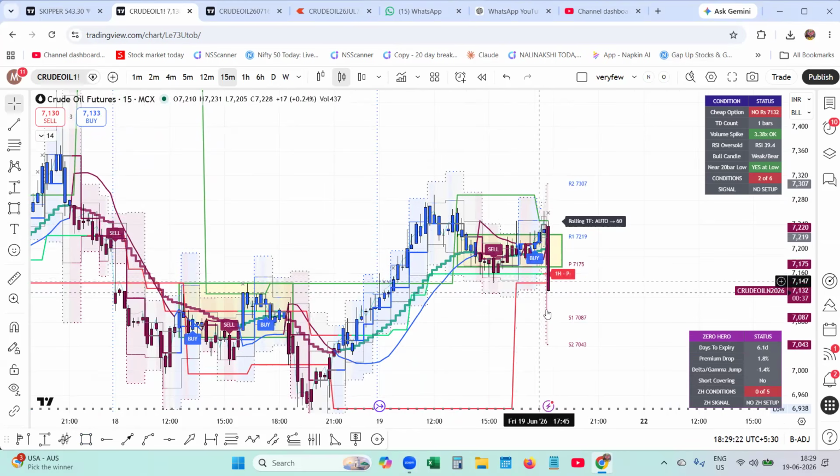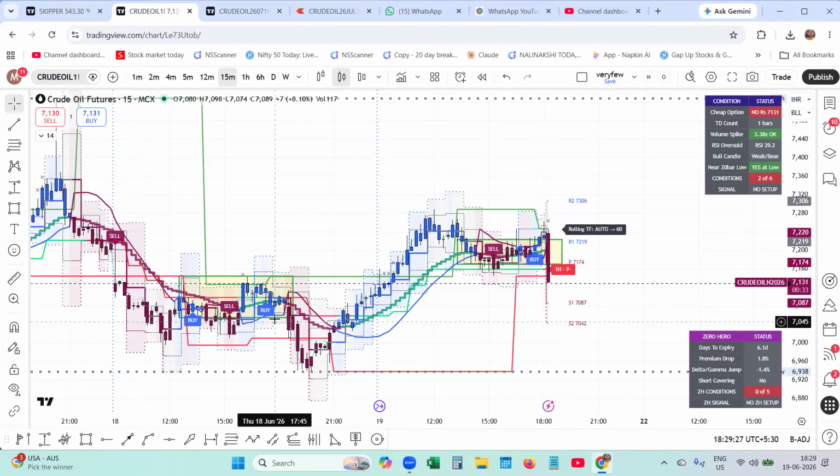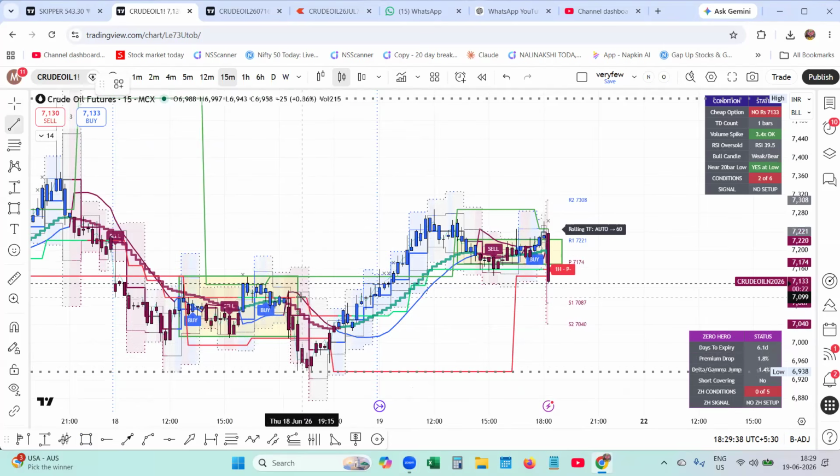The market came down so quickly, same pattern, on and on it repeats. This is the manipulation. So wait for the manipulation to complete. And here, if you see, the range breakout has happened from here.